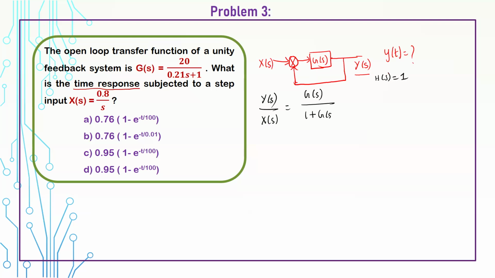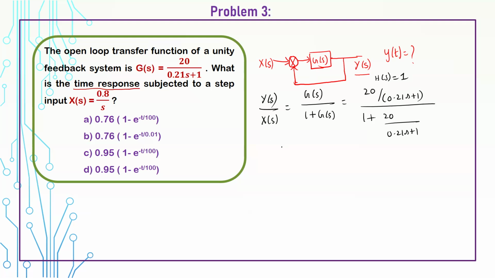So 1 plus G(s) only. Let me substitute the value of G(s): 20 by 0.21 s plus 1, by 1 plus 20 by 0.21 s plus 1.